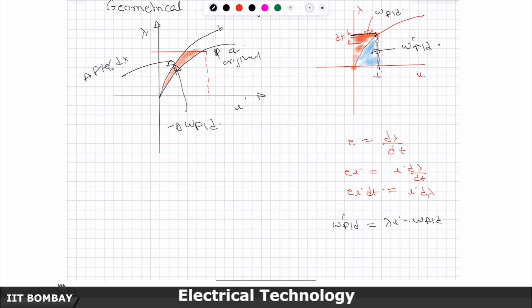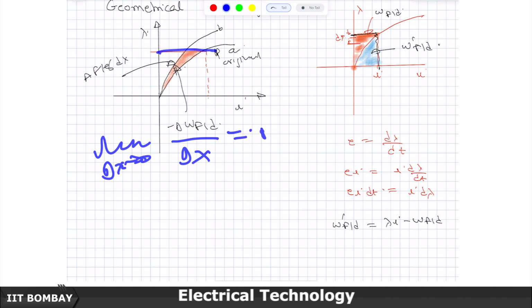This rate of change with respect to delta x, in the limit delta x tending to 0, but with lambda kept constant, has been defined as FLD in our magnetic concept, the partial derivative with respect to magnetic field energy.